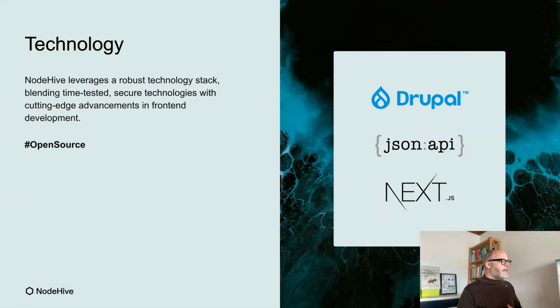And for us, and that's really our philosophy, everything is open source. So Drupal as well as Next.js as a platform is open source, so you don't have to pay a license for it. So you can install it wherever you want, and you can even run it in your own cloud if you want to.